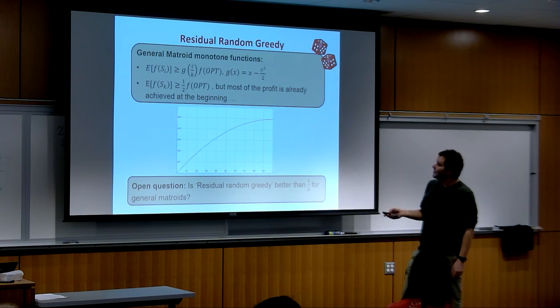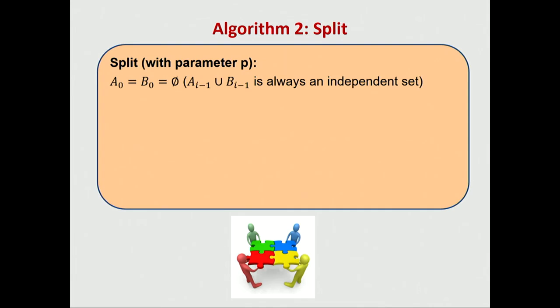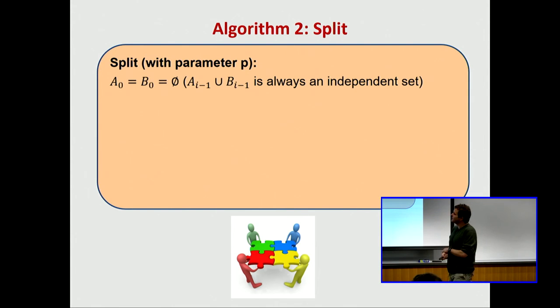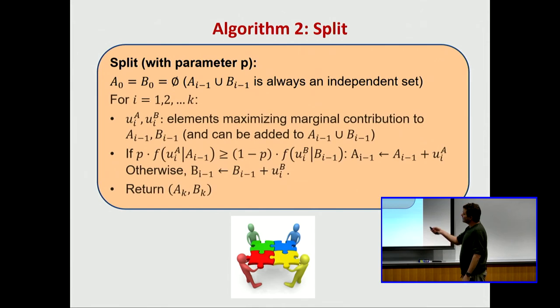And therefore, we need another ingredient. And this one is actually nice, and I think it should be useful somewhere else. This is a split algorithm. It will not return a single base or a single meal. It will split it into two meals that are together an independent set or together a base. Think about two children and you want to split toys between them. How will you do it? Think about p equal 1/2, for now.